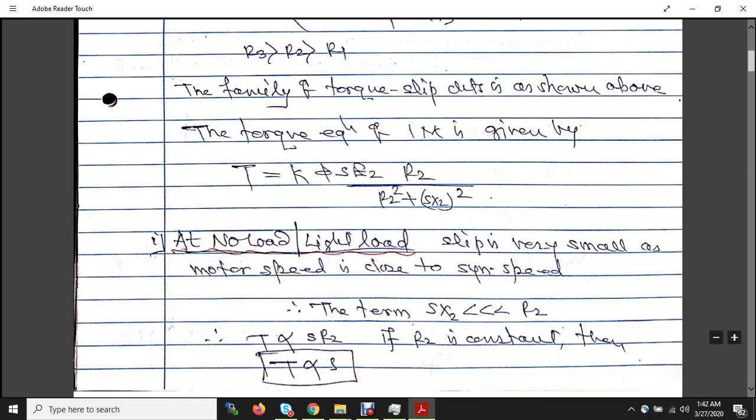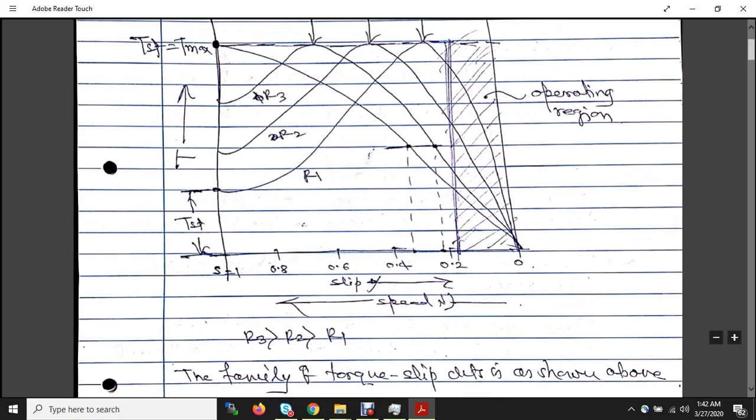If R2 is constant then torque is directly proportional to slip. Therefore the torque slip characteristics is a straight line in the operating region as shown in the figure.